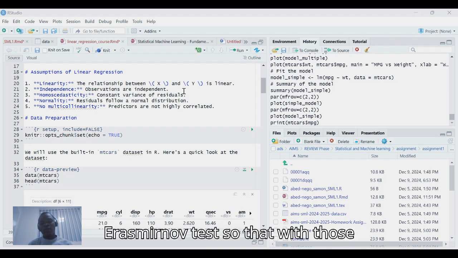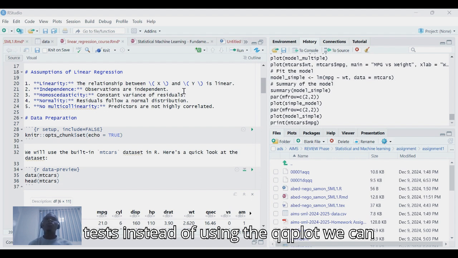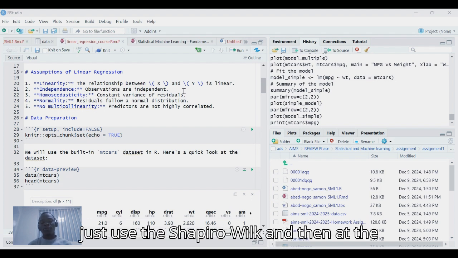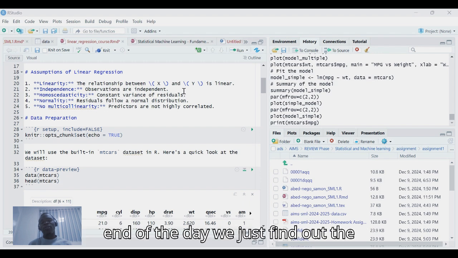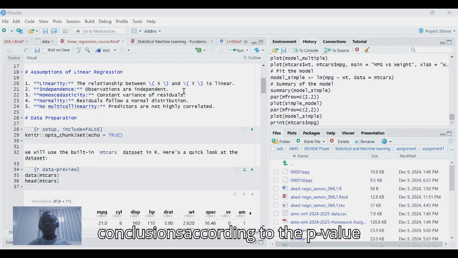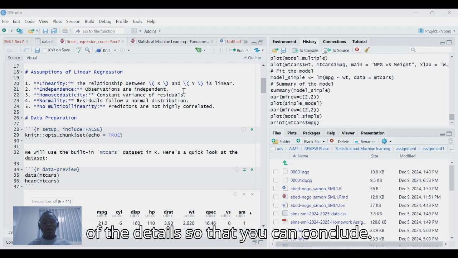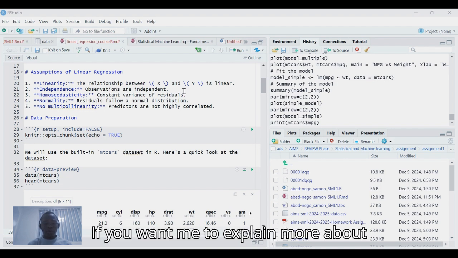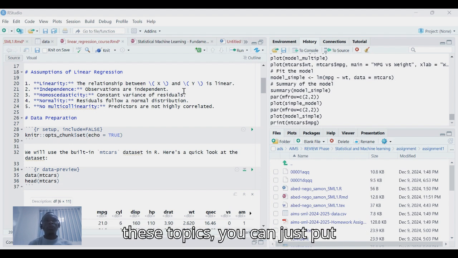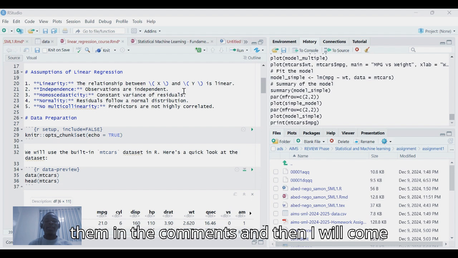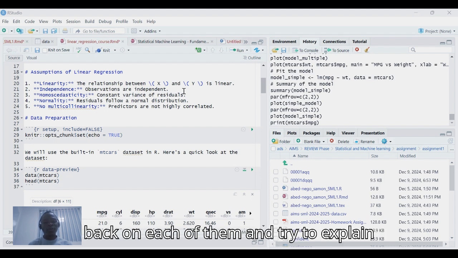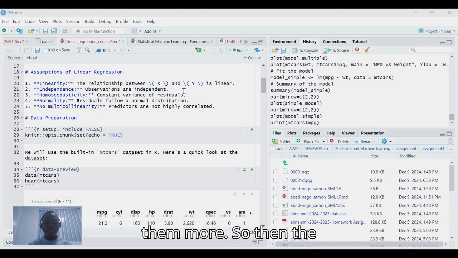With those tests, instead of the QQ plot, we look at the p-value of the test so that we can conclude. If you want me to explain more about these topics, you can put them in the comments, and I will come back to each of them and try to explain them more.